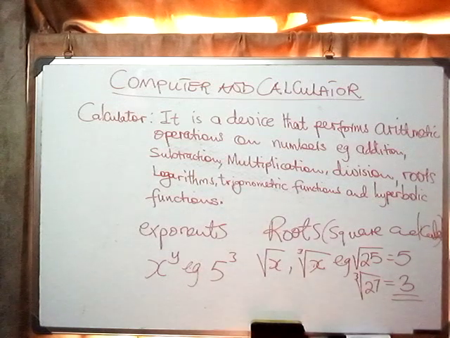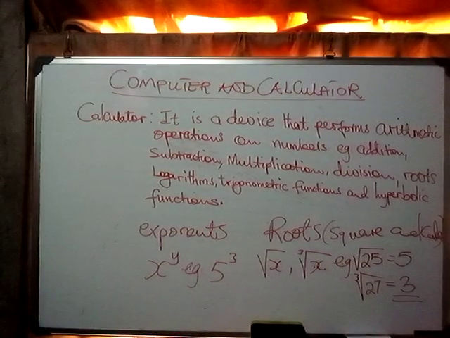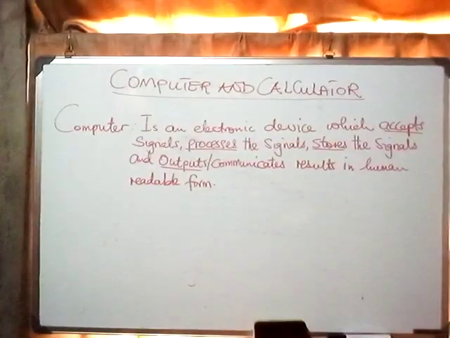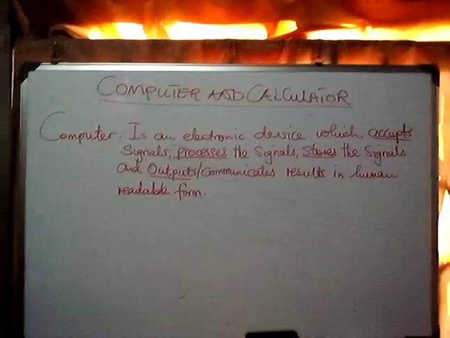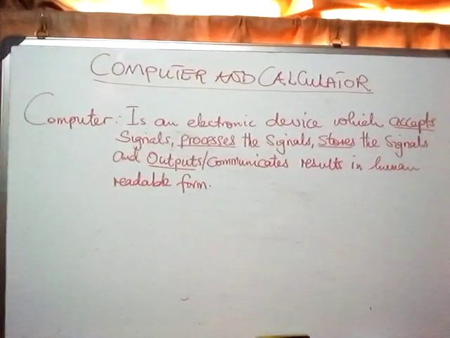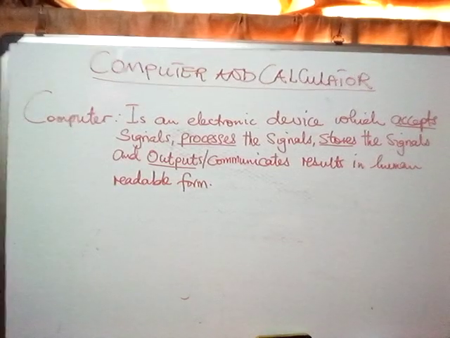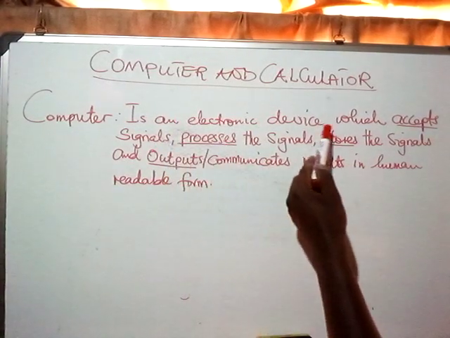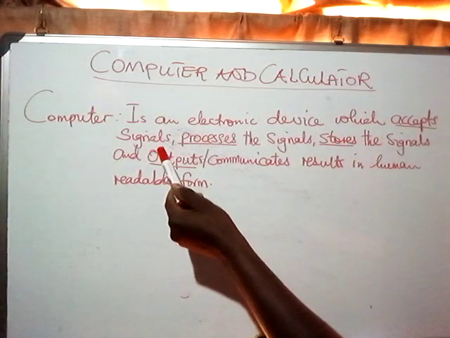Now let us go to the definition of a computer. Let us try to define what a computer is all about. We are defining it as an electronic device which accepts signals.